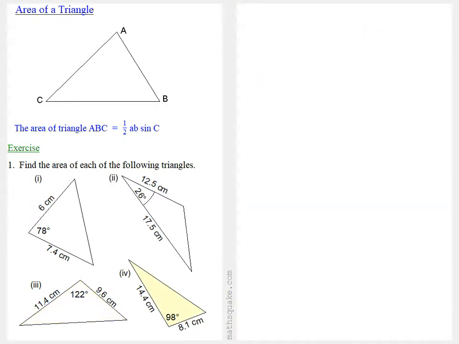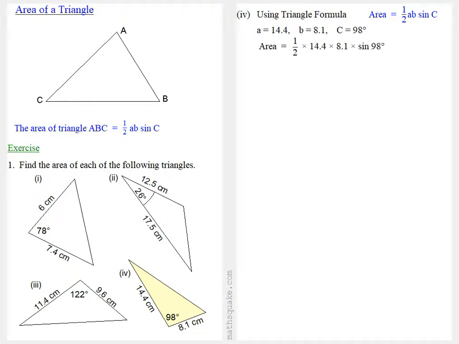In part 4, we have a triangle with sides 14.4 centimetres, 8.1 centimetres and an angle of 98 degrees. We again use the triangle formula. The area is equal to a half AB sine C. This time we've got A is 14.4 centimetres, B is 8.1 centimetres and the angle C is 98 degrees.